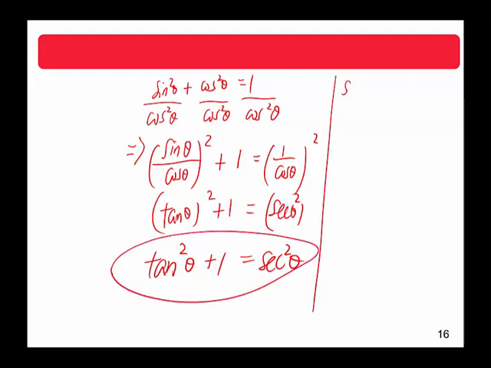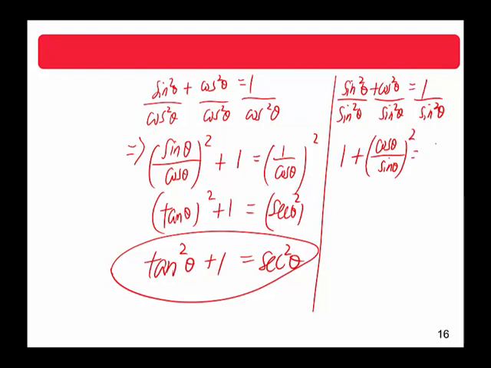The third one still starts with sine theta squared plus cosine theta squared equal to 1. Now we're going to divide everything by sine theta squared. Then we get the last Pythagorean identity. Sine theta squared over sine theta squared is 1, plus, rearranged, cosine theta over sine theta parentheses squared, and the last one is 1 over sine theta parentheses squared.